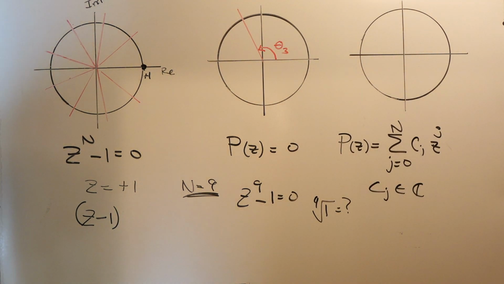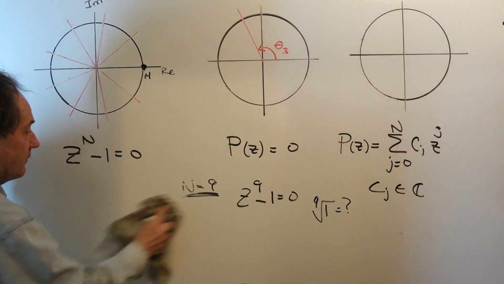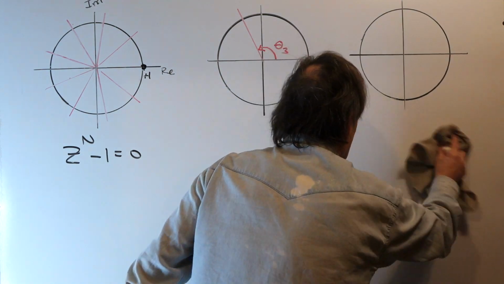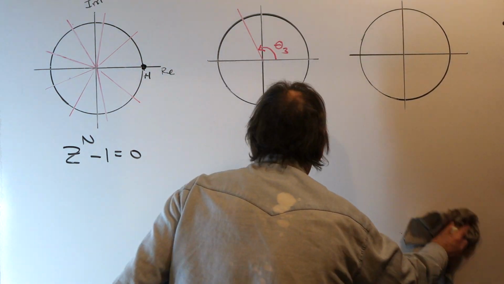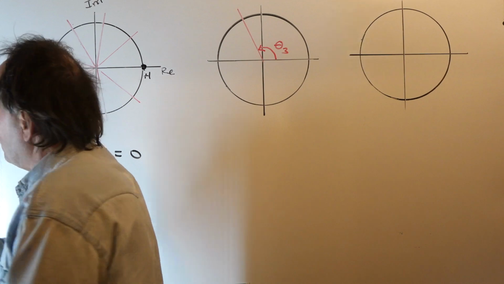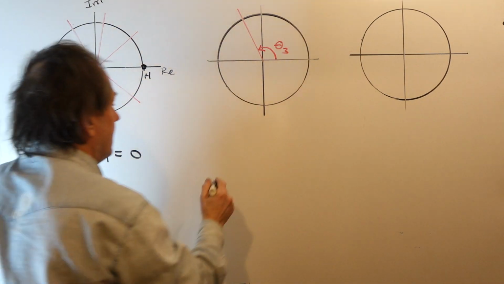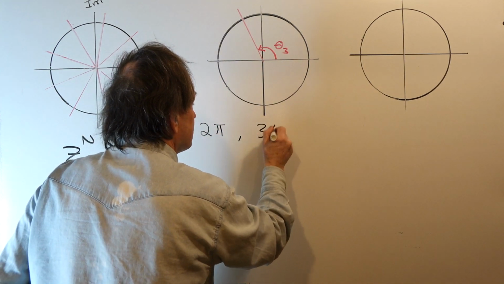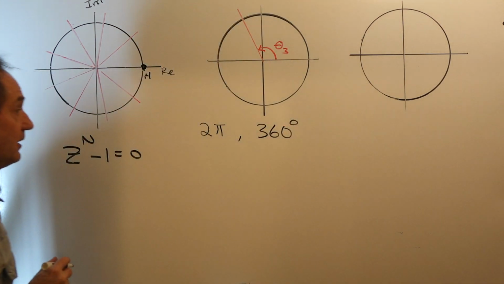So what we do then is we take 360 degrees, which is the total angular measure around the circle perimeter. We start with either 2 pi or, say, 360 degrees. I'll work in degrees here.